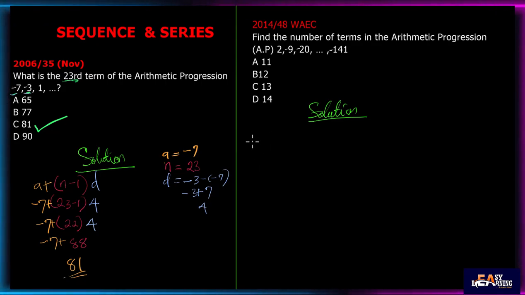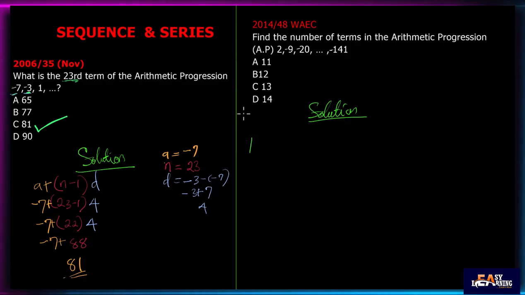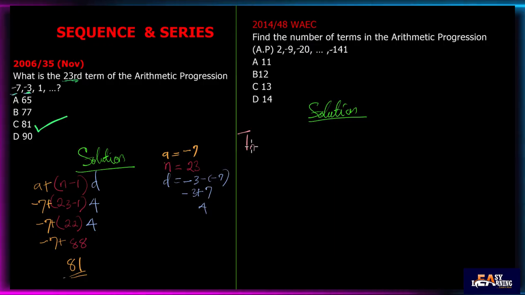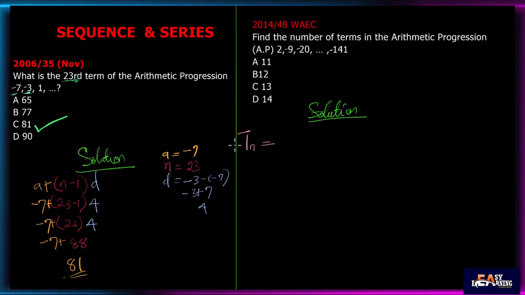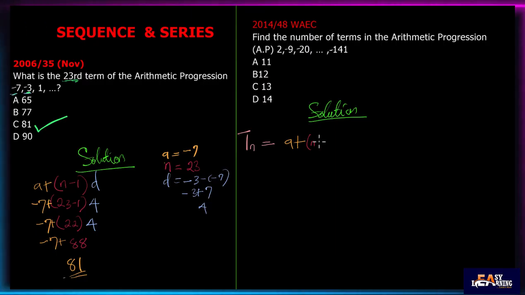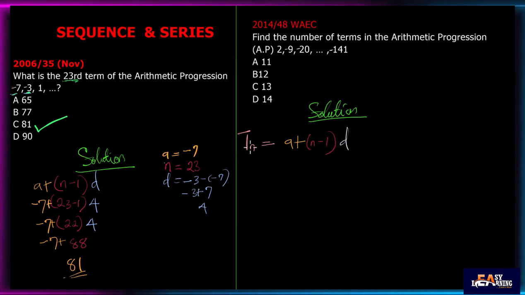The value of the total term, that is Tn, is equal to the first term plus n minus 1 times the common difference.